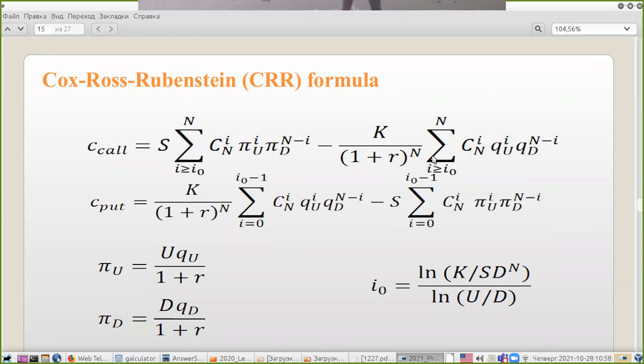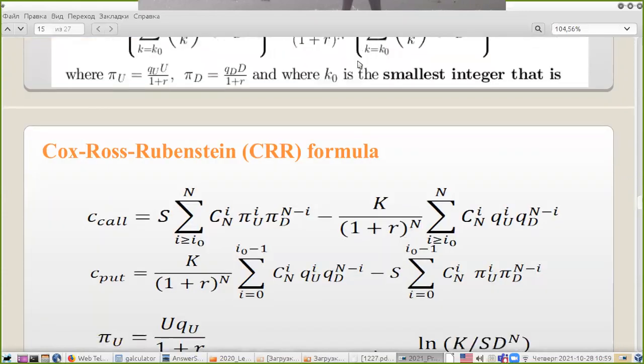And I would like to say that after the Cox-Ross-Rubinstein formula, the traders used this formula without this sum. So if traders wanted to estimate the option price, they would follow S minus K divided by 1 plus R to the power n.